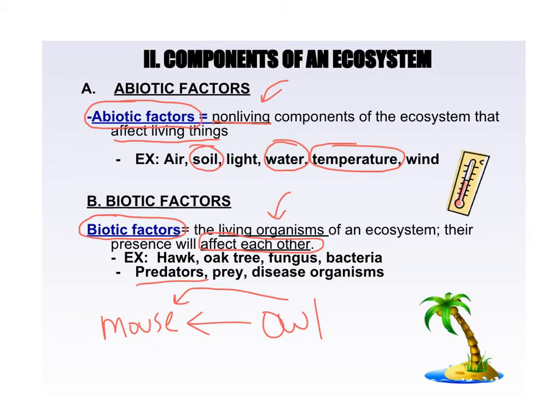But both of those guys are affected by the abiotic factor of water, because without water, mice won't live and neither will owls. So the biotic factors are all the living parts of an ecosystem which affect each other, whereas the abiotic factors are the non-living things that affect the living things.